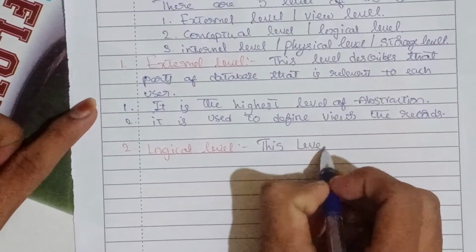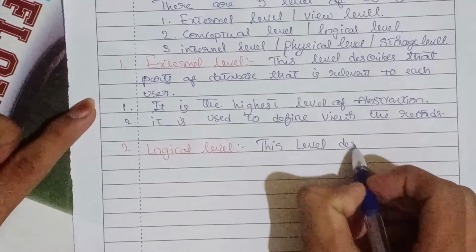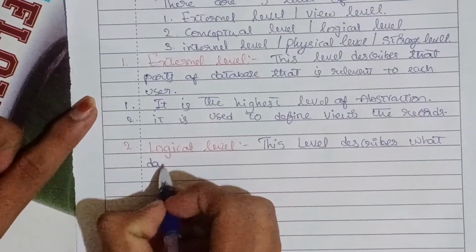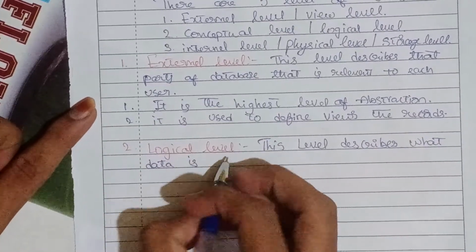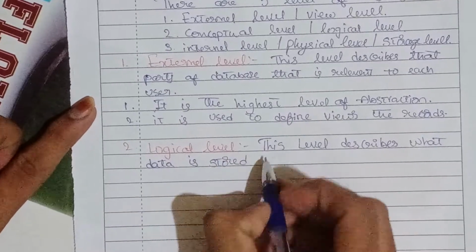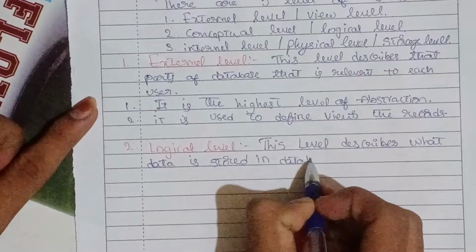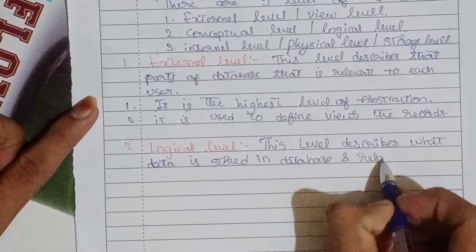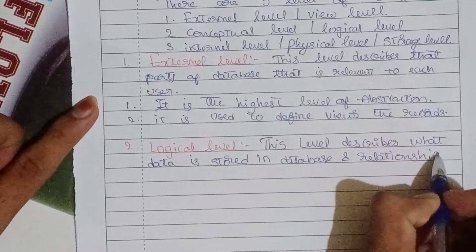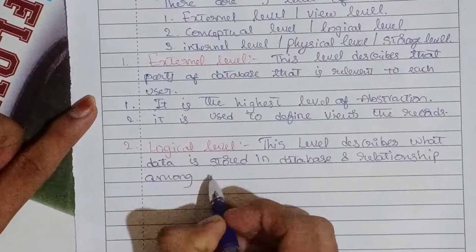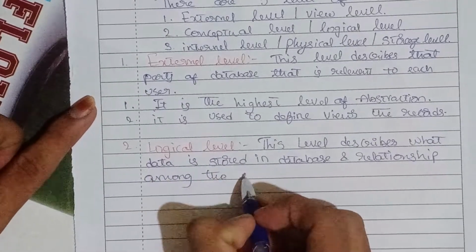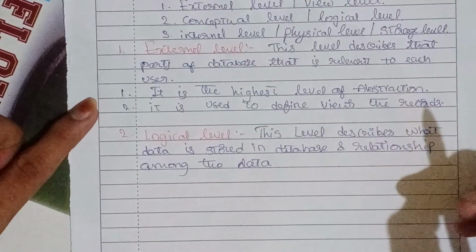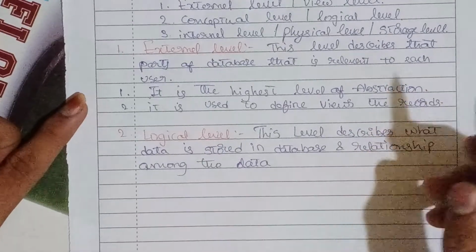Examples: entities, attributes, and relationships.